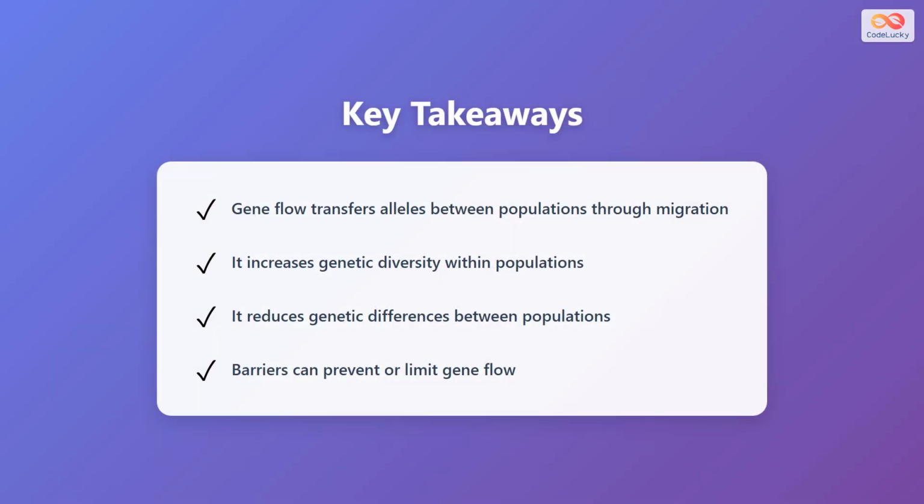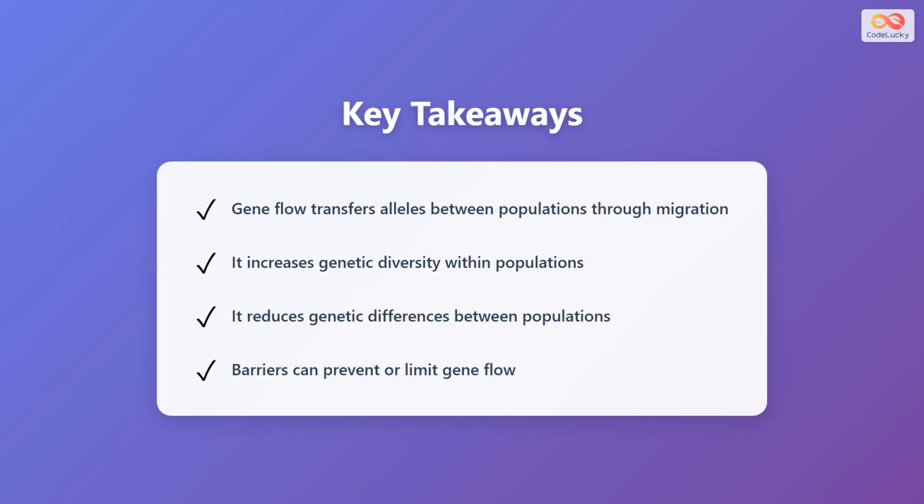Let's review the essential concepts about gene flow. Gene flow is the process that transfers alleles between populations through migration, whether by immigration or emigration. It plays a crucial role in evolution by increasing genetic diversity within individual populations, giving them more variation to work with for adaptation.